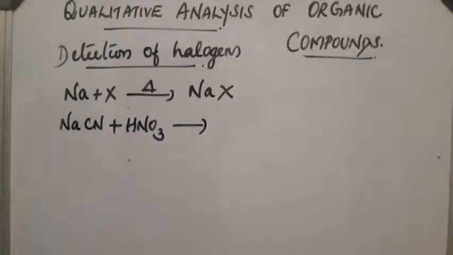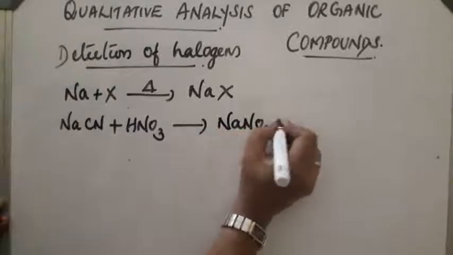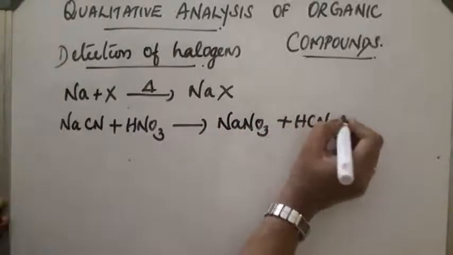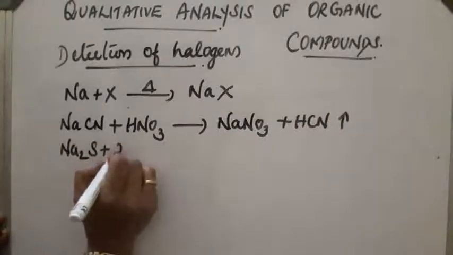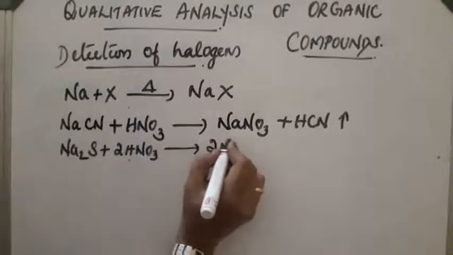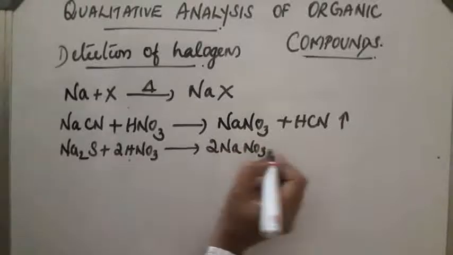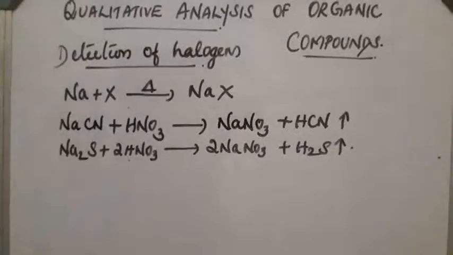NaCN gives NaNO3 plus HCN, and Na2S sulfide ions on reaction with HNO3 get converted into NaNO3 plus H2S. These can be removed, and we will get the usual test for the halogens.